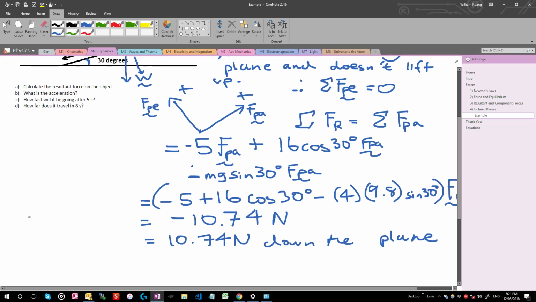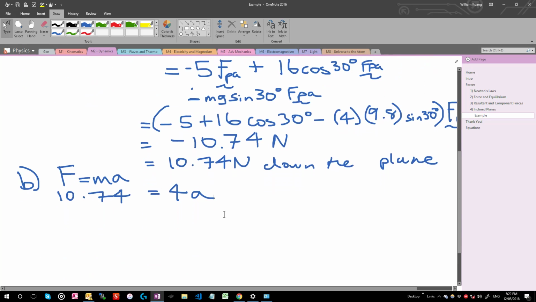So now let's move on to part B. It's asking what is the acceleration. So easy, you know F is equal to ma from Newton's second law, and you just found out that 10.74 is the net force. You know the mass is 4 kilograms, and you were asked to find the acceleration.